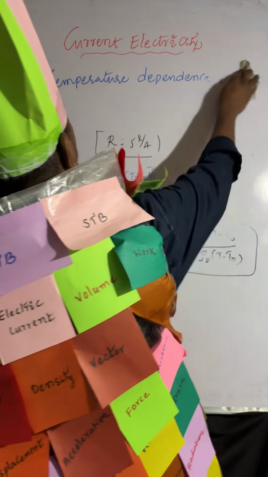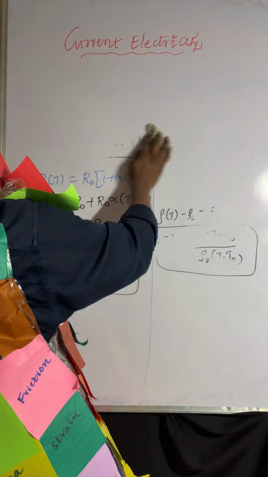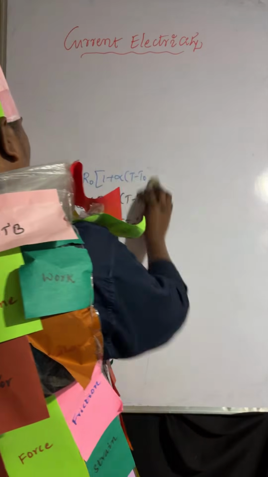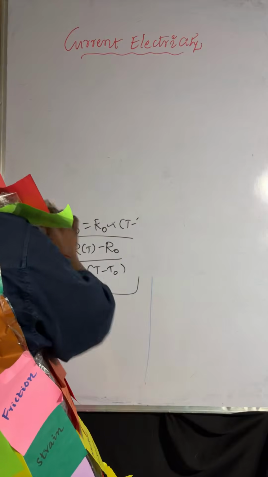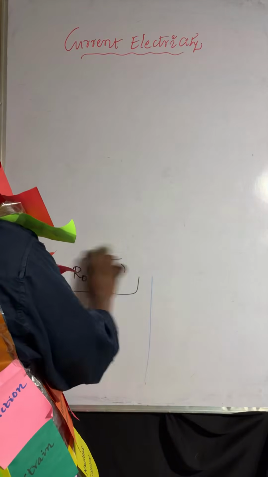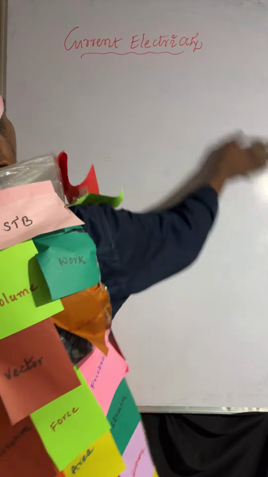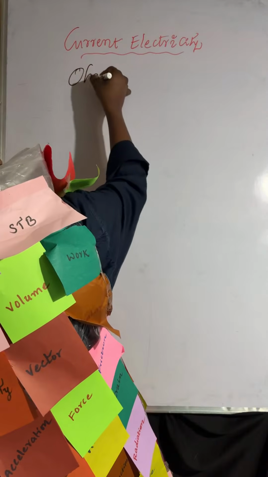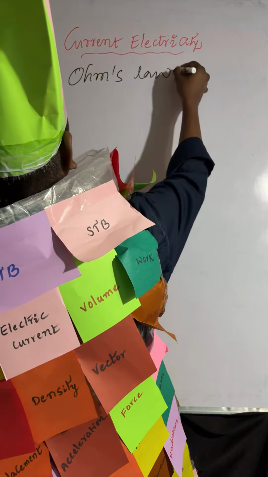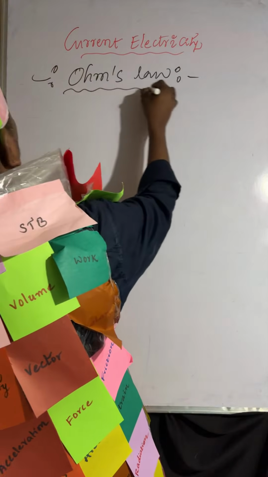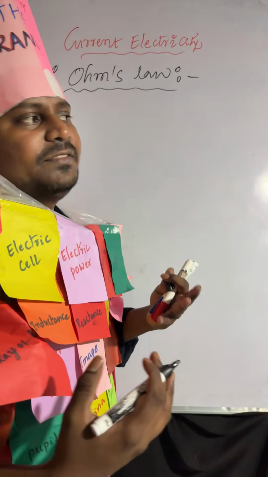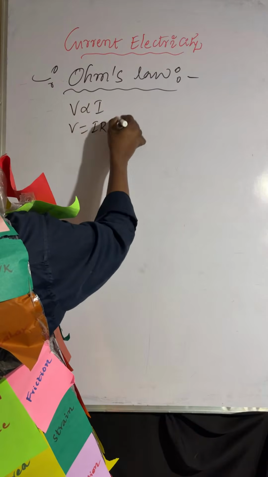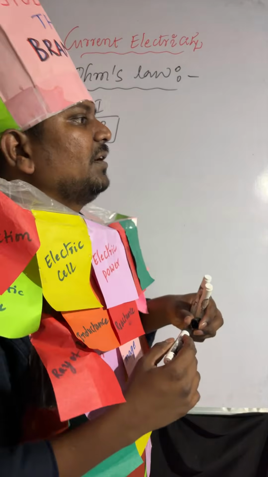Next one, Ohm's law. So Ohm's law is nothing but the potential difference V across the ends of a given metallic conductor is directly proportional to I, V equal to IR.